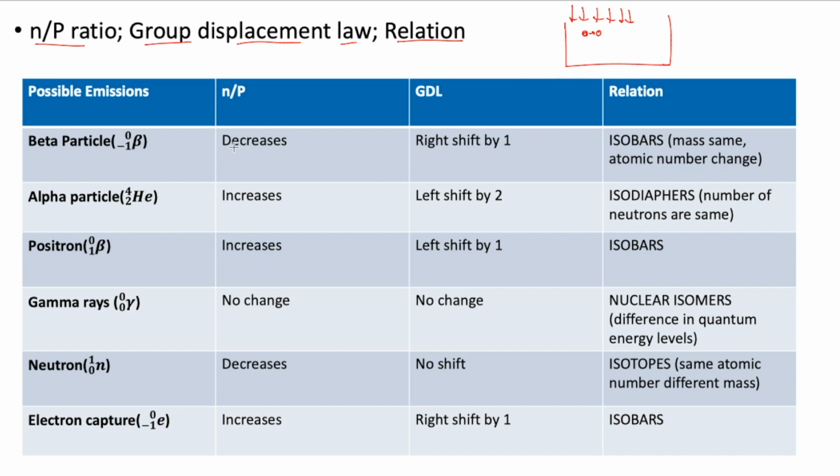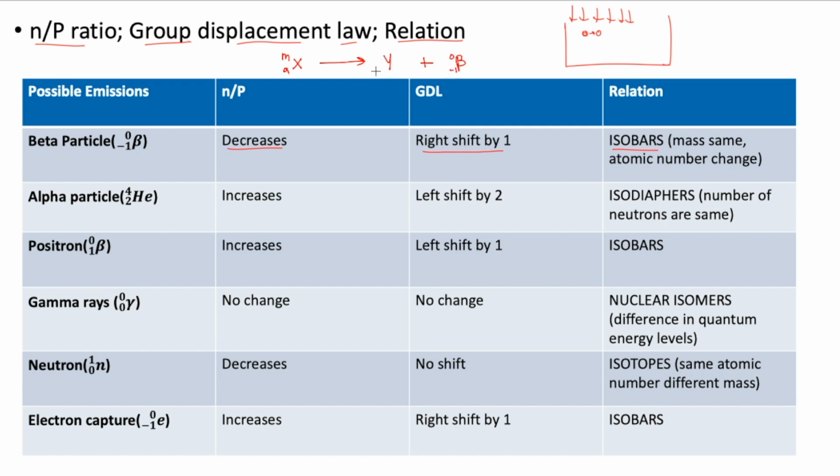A beta particle decreases the n by p ratio and gives a right shift of 1 unit in the group displacement of the system, and the relation is isobar. What does that mean? Let's say you have some element X with atomic number A and mass number M, and it undergoes beta decay to give some compound Y, with the beta particle having atomic number -1 and mass 0.